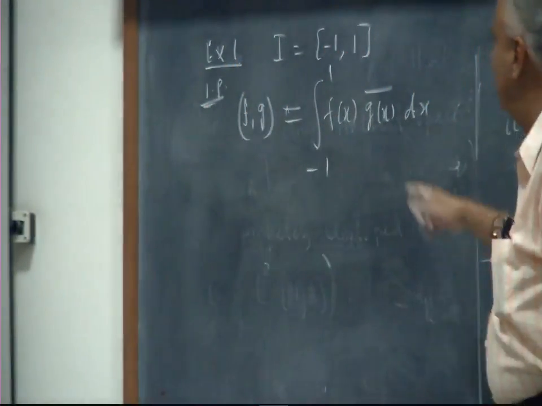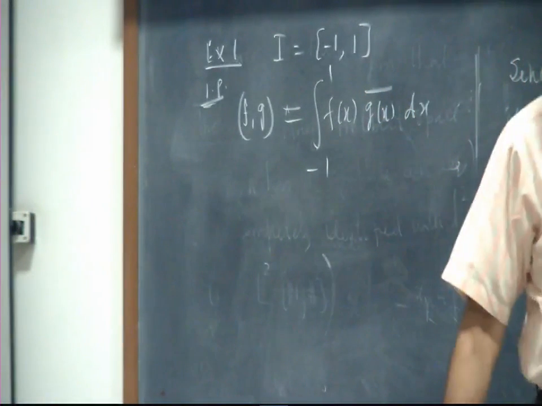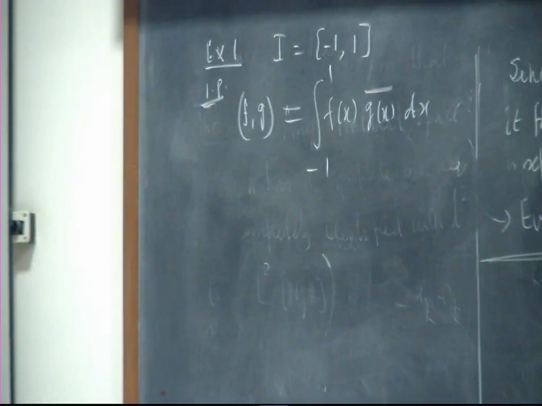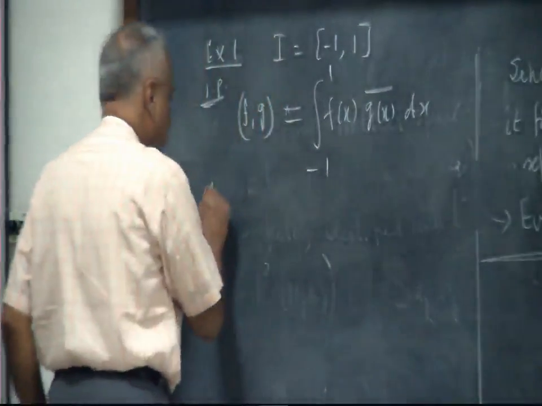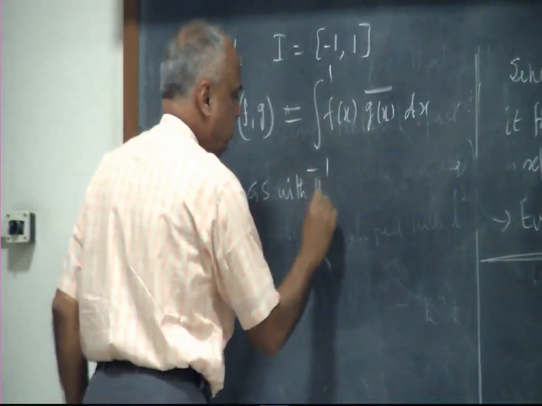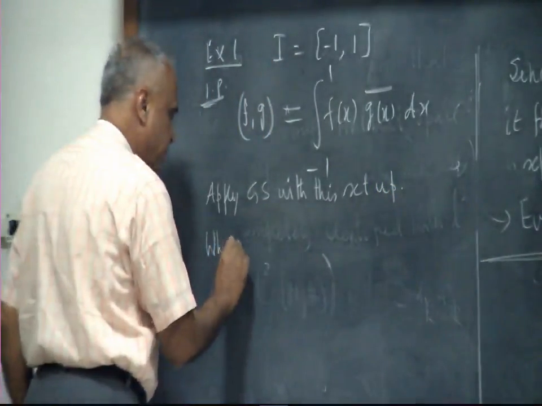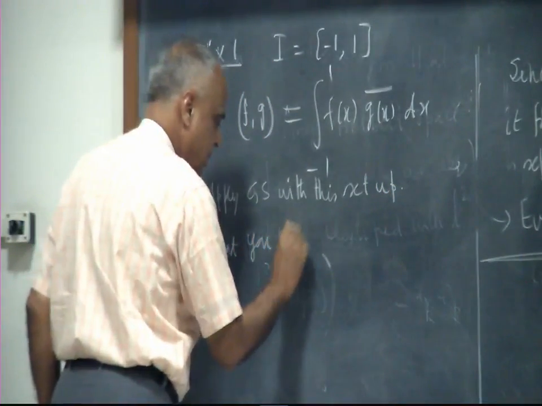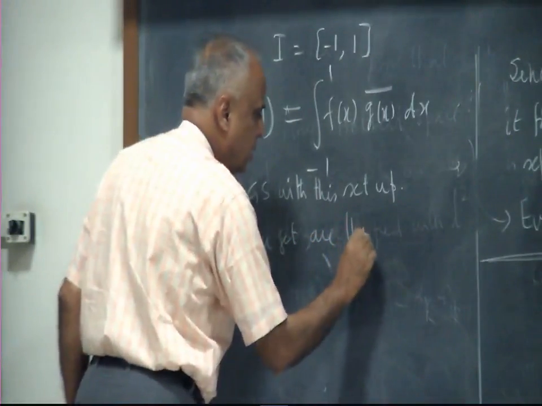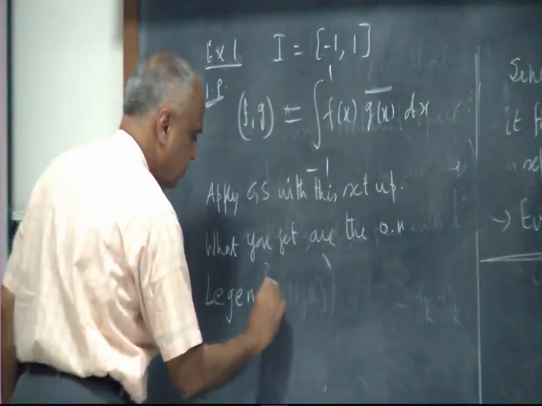If we take f and g continuous functions, the product is continuous, so it is nicely integrable. No problem, it is a finite interval, everything is well defined. Now apply Gram-Schmidt with this setup. What you get is known as the Legendre polynomials, or the orthonormal Legendre polynomials.